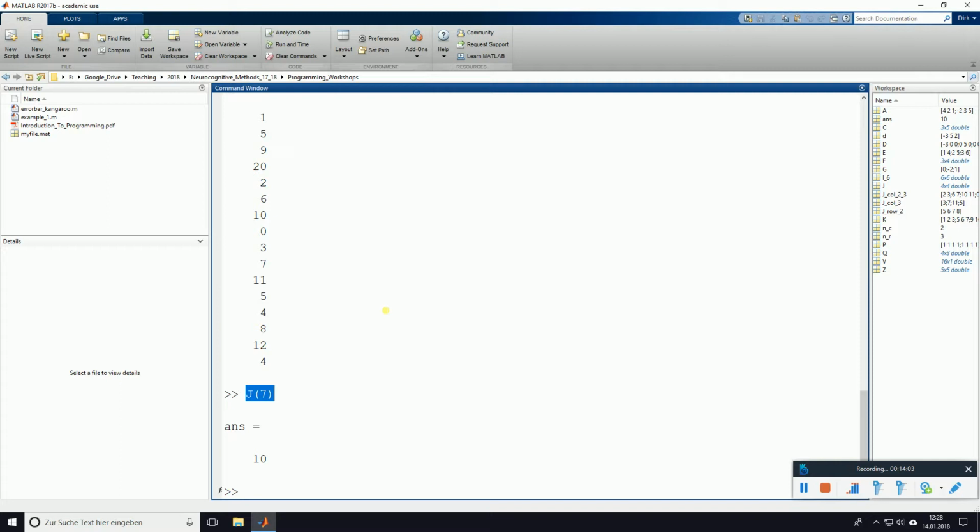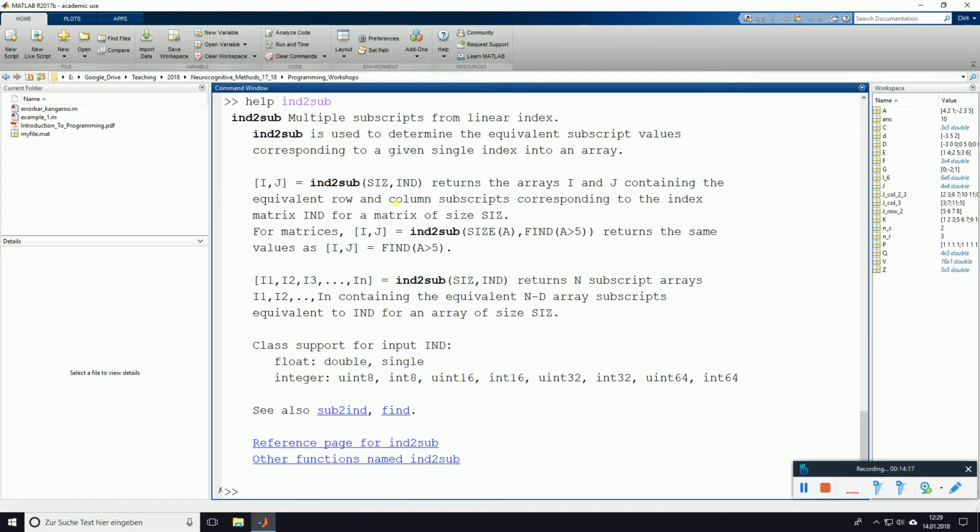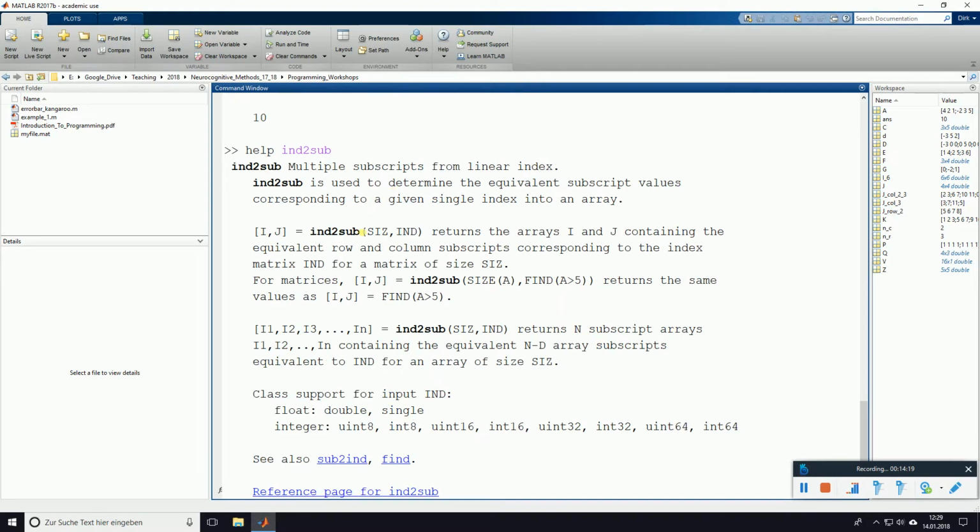Sometimes there's no way around it, and then you can use conversion functions like ind2sub, which allows converting indices to subscripts.